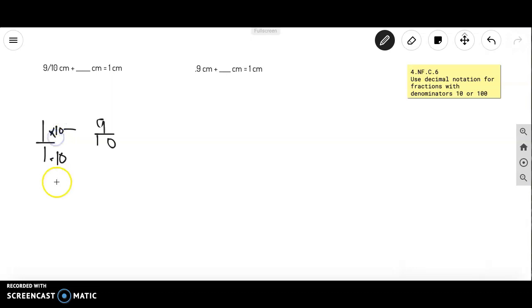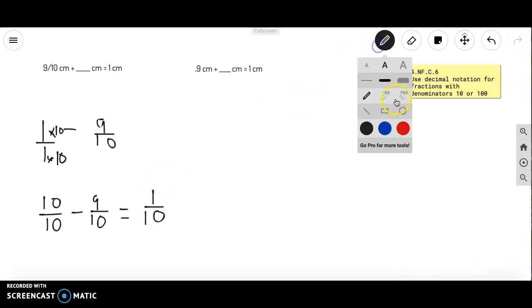And I'll rewrite that down here. So I have 10 over 10, subtract 9/10, equals 10 minus 9 is 1 over the denominator of 10. So my answer is 1/10 as a fraction.